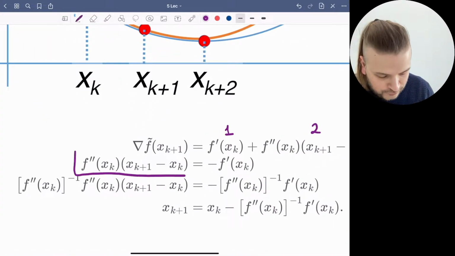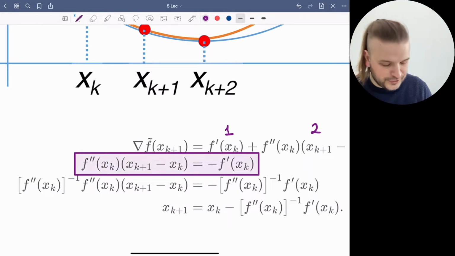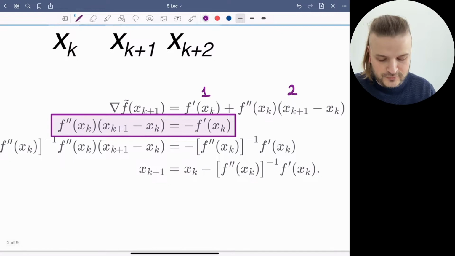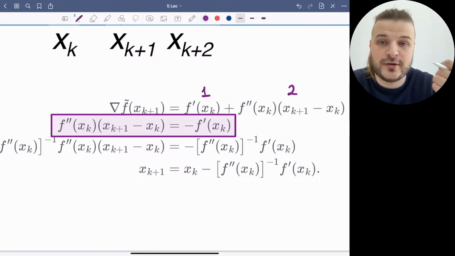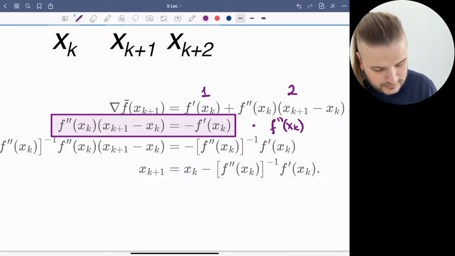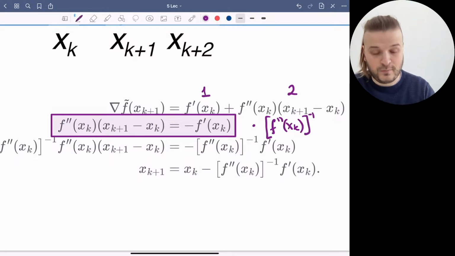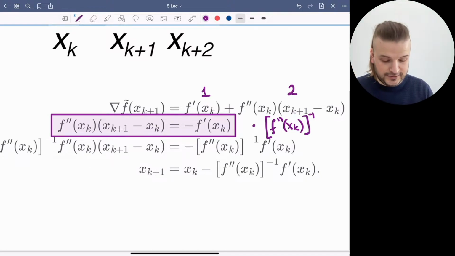I'll focus on two formulations here, and they are both pretty important. If you multiply by the inverse of the Hessian, both left and right, you'll get the exact formula for the Newton method here.